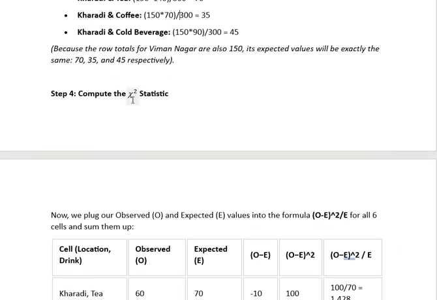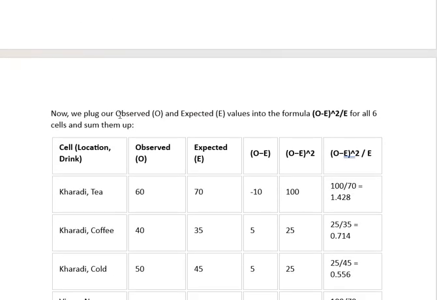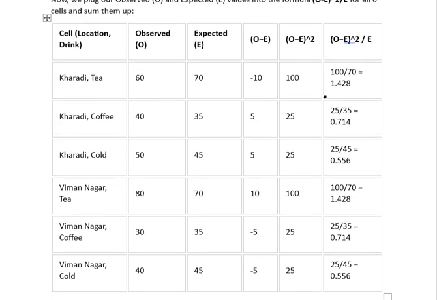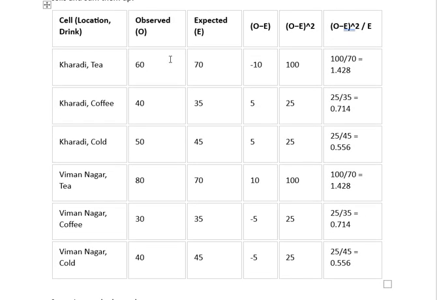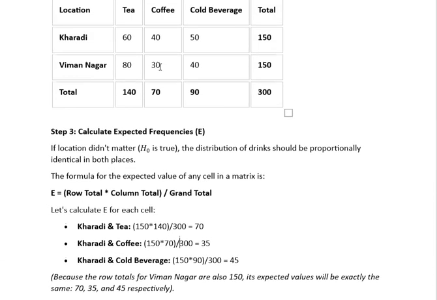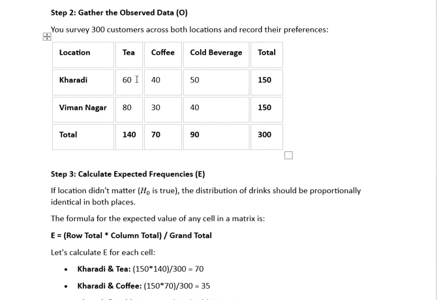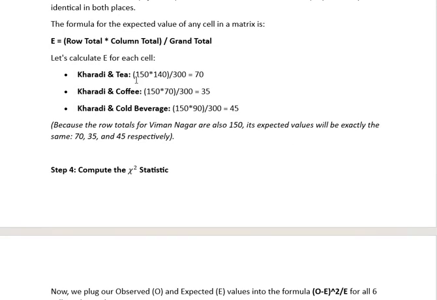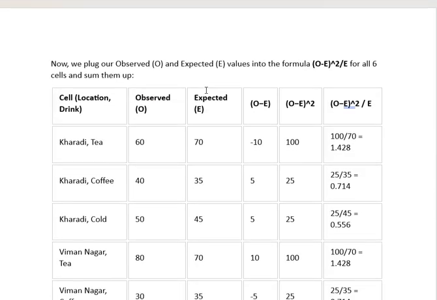Step 4, compute the chi-square statistic. Now we plug our observed and expected values into the formula: observed minus expected, whole square, divided by expected, for all 6 cells, and then sum up. So for Kharadi tea, observed is 60 and expected is 70.